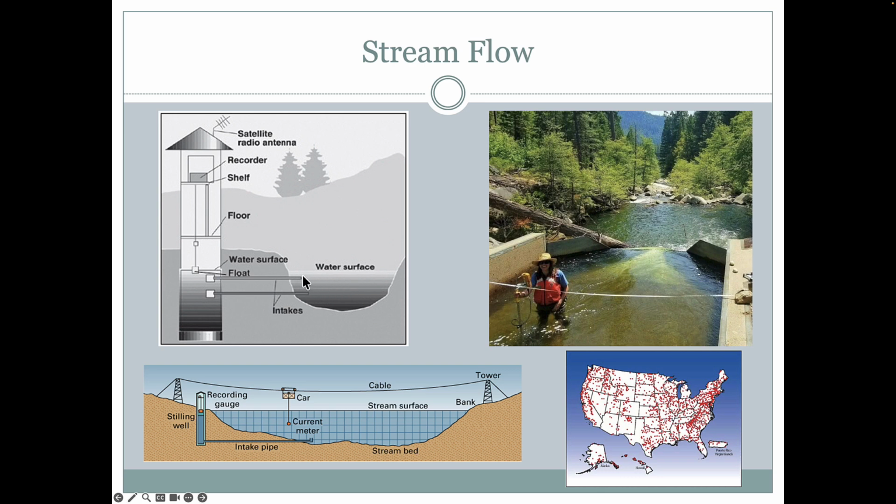And here we can measure how deep the water is, and we can also, in some cases, have a good feeling for what the bottom of the stream channel looks like, so we can very precisely calculate the cross-sectional area of water moving through this location at any particular time. We have these all over the United States because they're good indicators. If there's a potential for flood, we can use stream gauges in order to measure what the discharge is, how much volume of water is going to be flowing through any particular area at a given time.